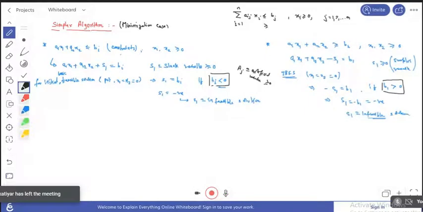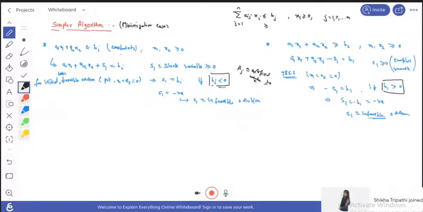Okay, so this artificial variable has physically no sense. These are only used as a tool for generating an initial linear programming problem solution. Now if we take a minimization problem, there are two methods.